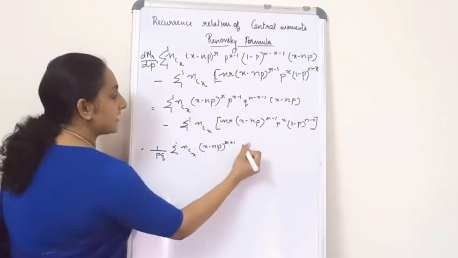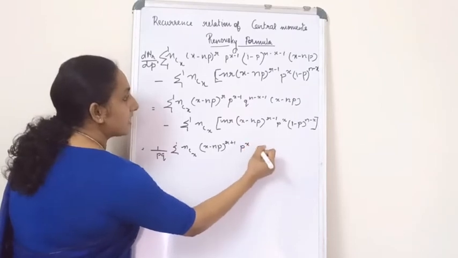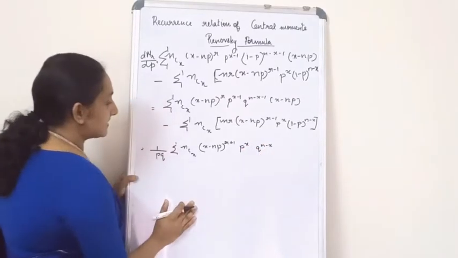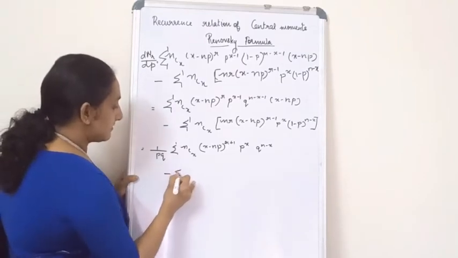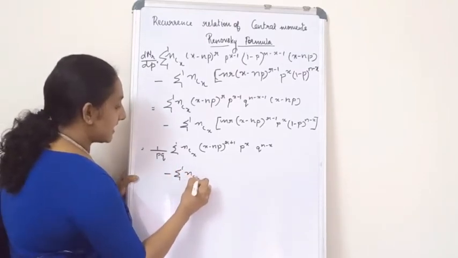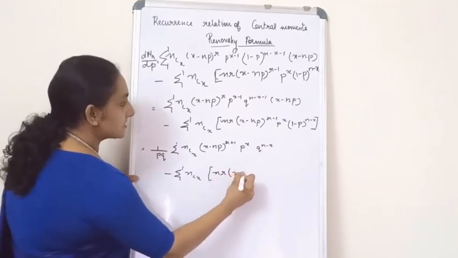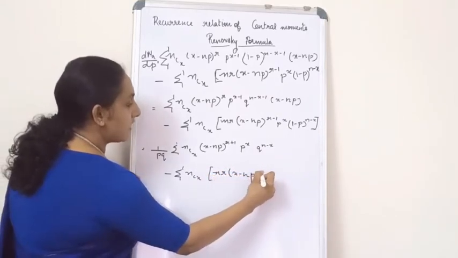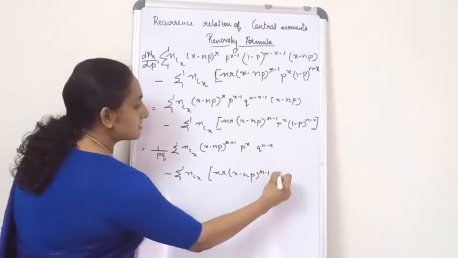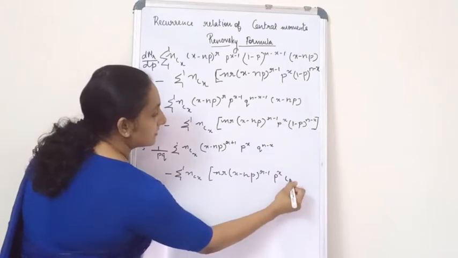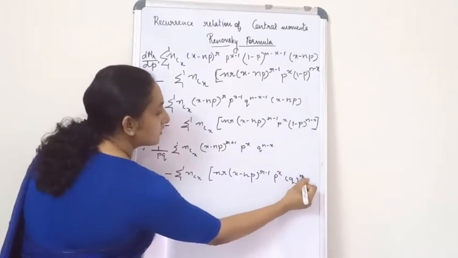So I get this as p raised to x, q raised to n minus x. Yeah, that's it. And minus summation nCx r (x minus np) the whole raised to r minus 1, p raised to x into, instead of this 1 minus p, I'm going to write it as q raised to n minus x.